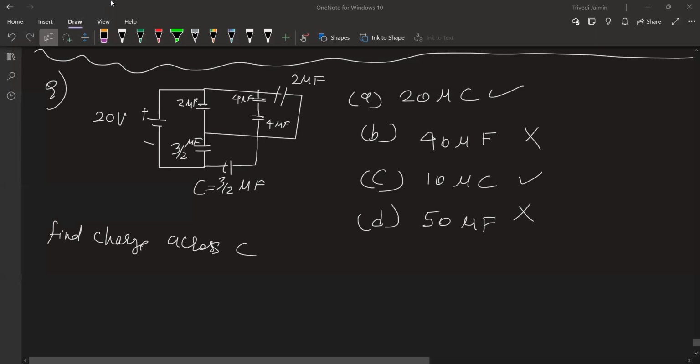And 3/2 and 3/2, again parallel, and it will give you 3. 6 and 3 series, which means 2. So I think it should be 10. Okay, you solve. I'll not solve.